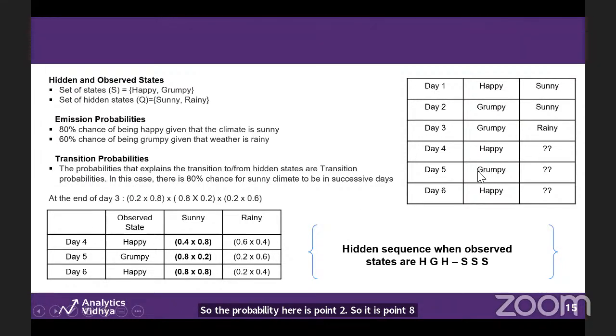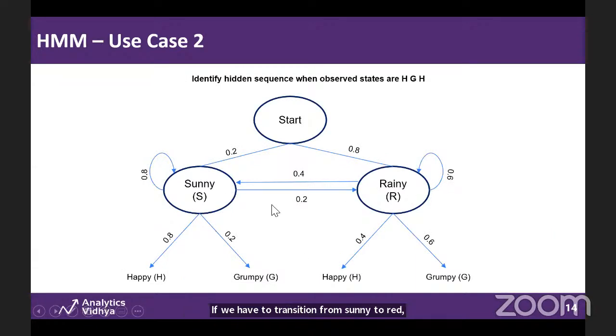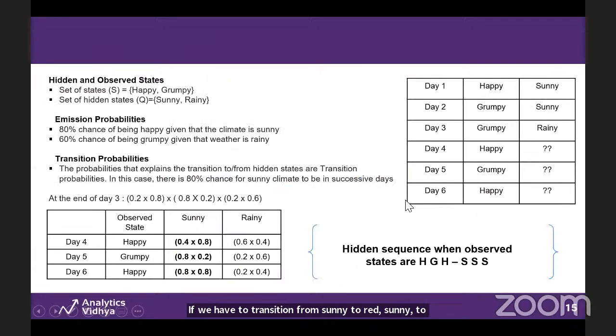And coming to the rainy, since on day 4 it was sunny, if we have to transition from sunny to rainy, my transition probability is 0.2 and my emission probability is 0.6, which is specified here. So based on this value, we know that 0.8 into 0.2 yields a higher value, and the hidden state in this case would be sunny.